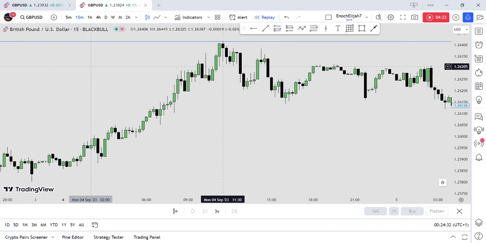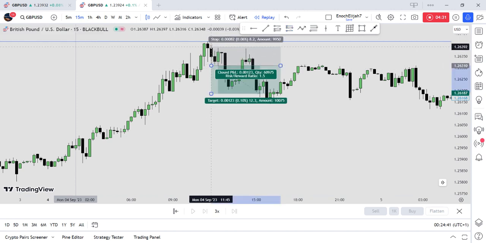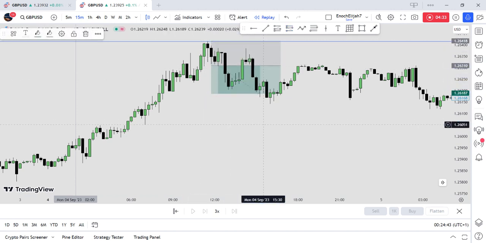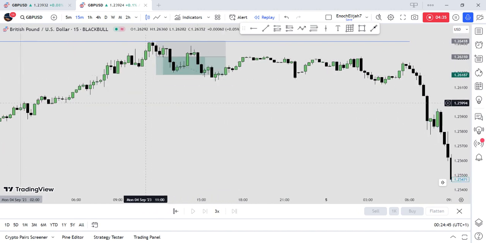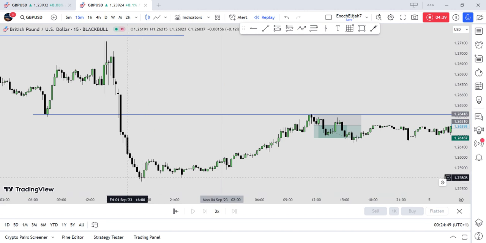So price broke lower, took this low. So I sell, my entry at this mitigation block, stop loss above the high, and the target is this clean low right here.